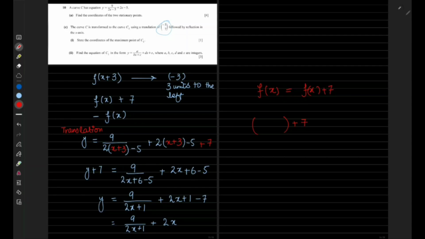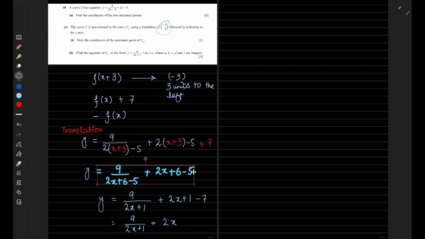Okay, if something is added in the y. So this is how it is. So let's correct this. Now this becomes plus 7. So that gives you 2x plus 8.